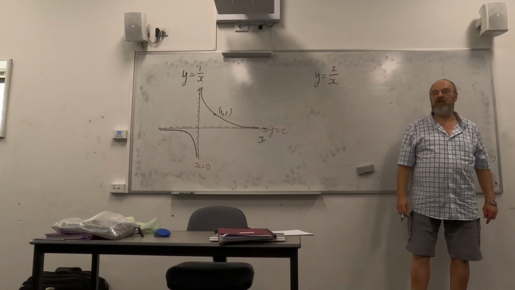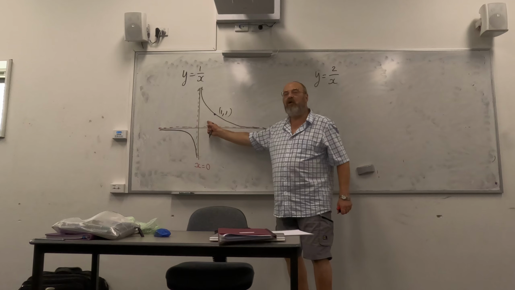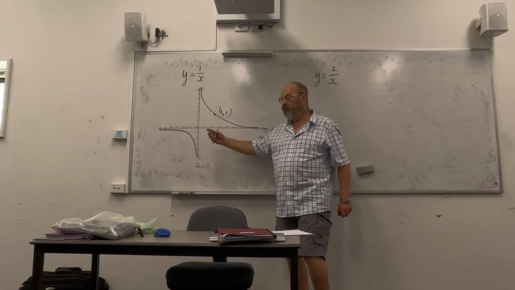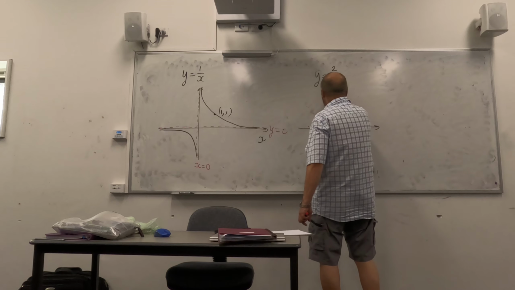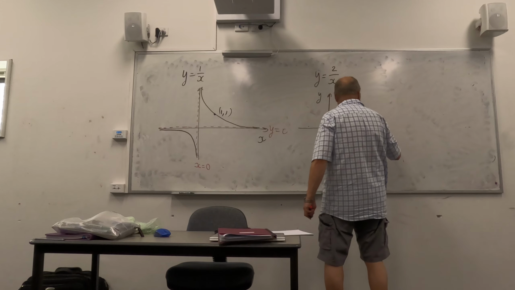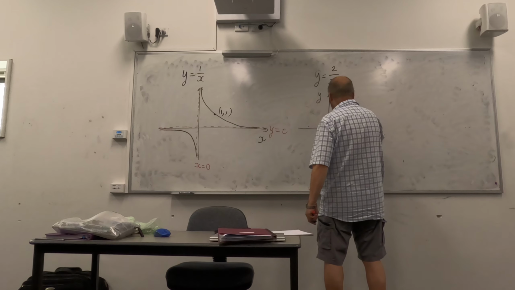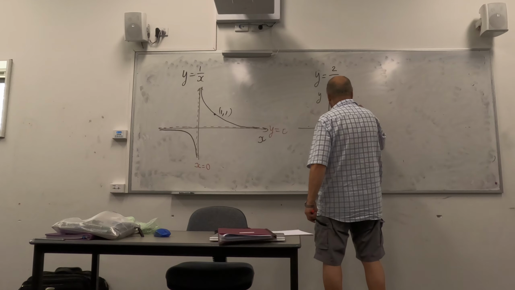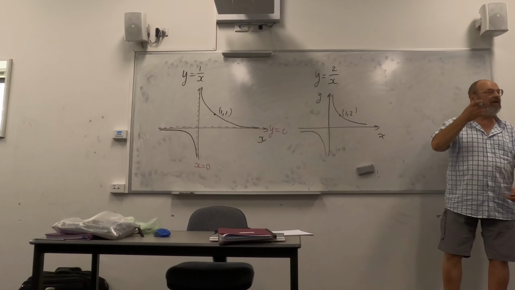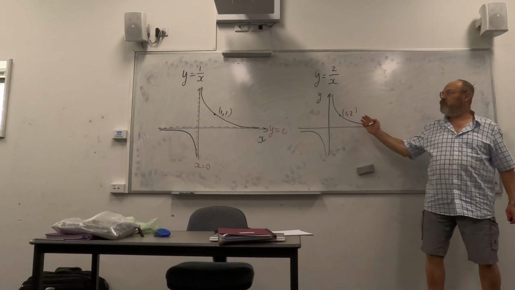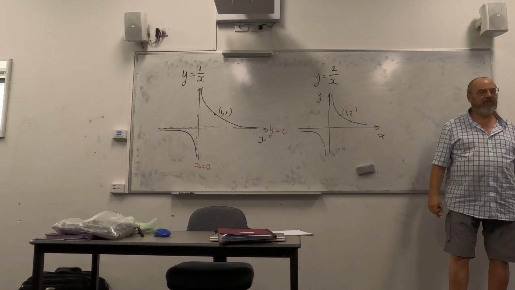No, it will not change the asymptotes. But every y value will be multiplied by 2. Instead of the point being (1, 1), the point will now be (1, 2). It will be just stretched from the x-axis.